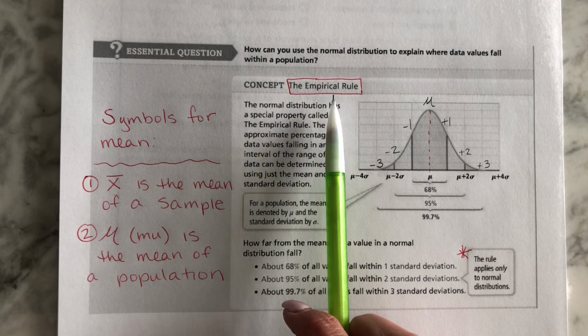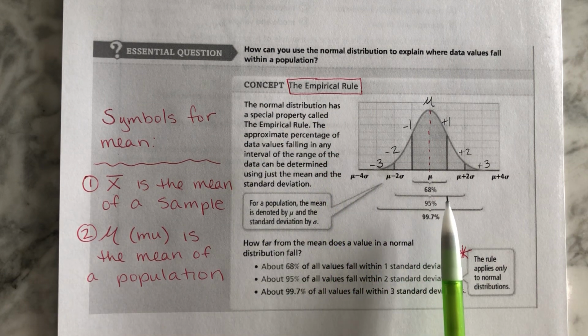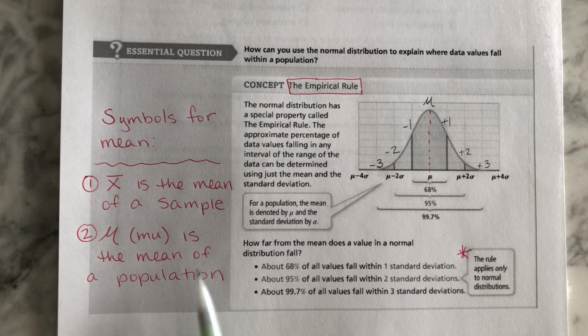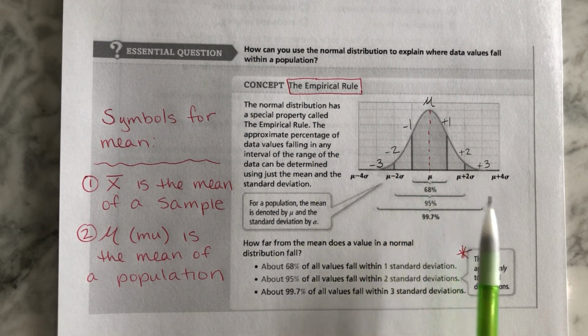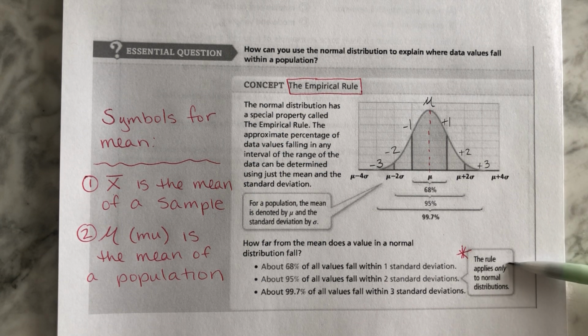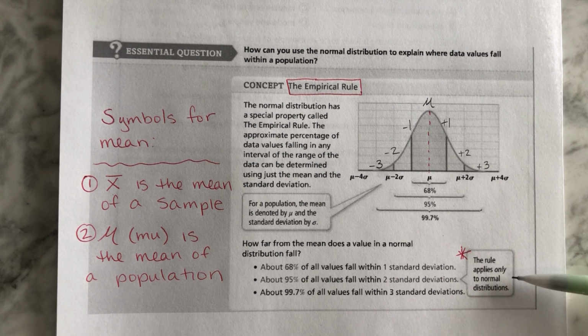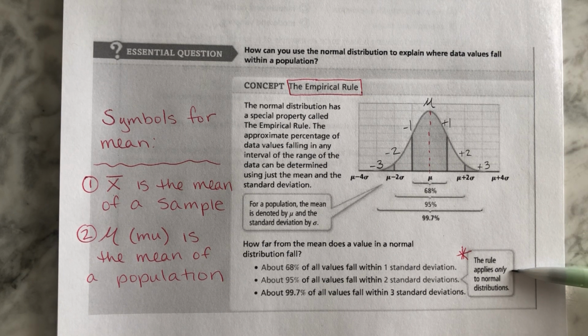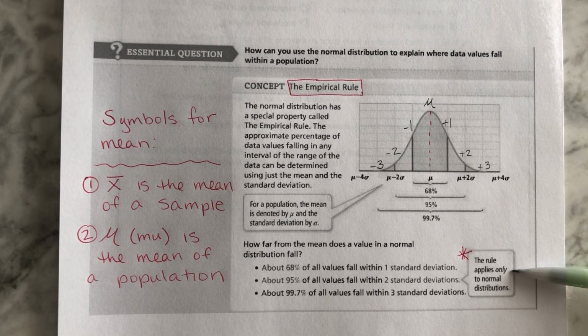So what the empirical rule is going to allow us to do is to make predictions about the population using this data here. And this rule is only good for normal distributions. So distributions that are either skewed left or right cannot use the empirical rule.